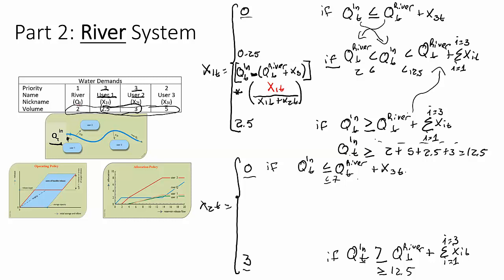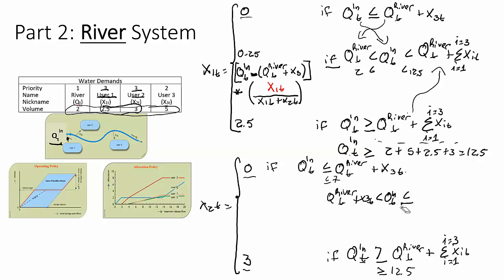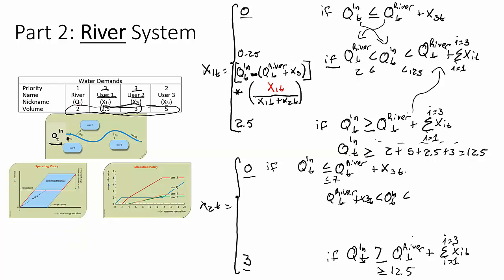Again, we can do exactly the same. We're going to put this guy, Q in, in the middle. So when Q in is greater than this Q river plus X3, but is less than what we have in here.